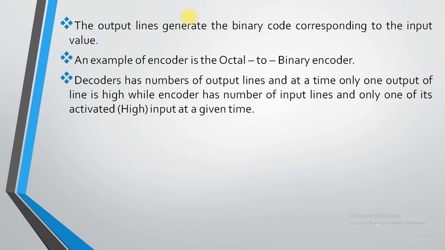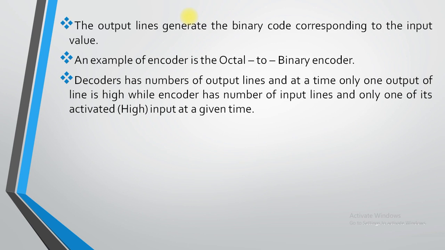The output lines generate the binary code corresponding to the input value. Over here the encoder is octal to binary. A decoder has a number of output lines and at one time only one output line is activated.